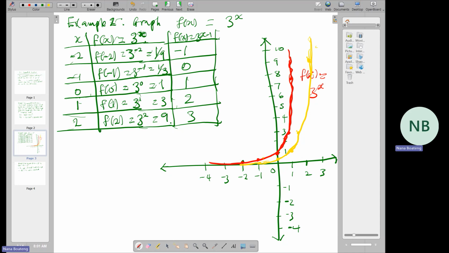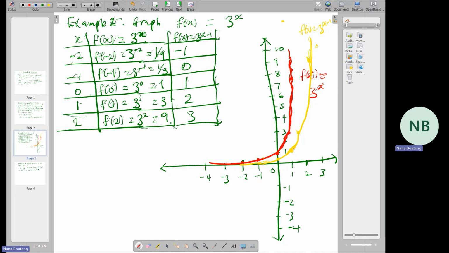Let's say f of x is equal to 3 power x minus 1. So we can see that the x coordinates have shifted by 1 point to the right compared to the original.